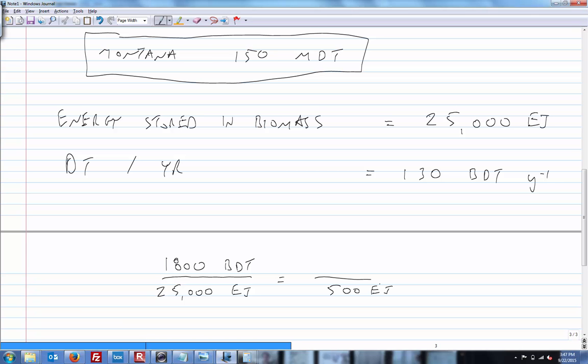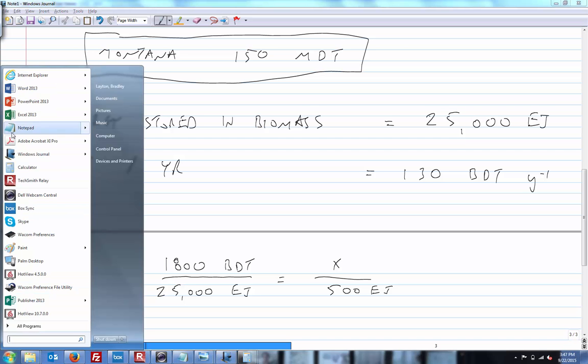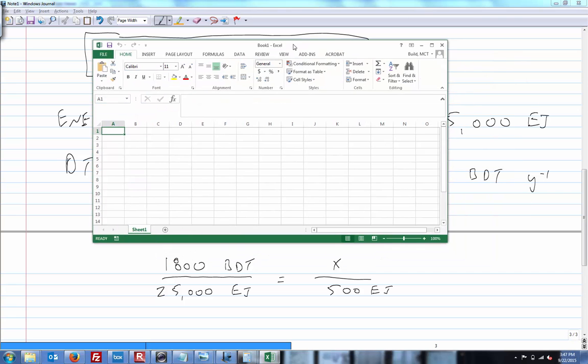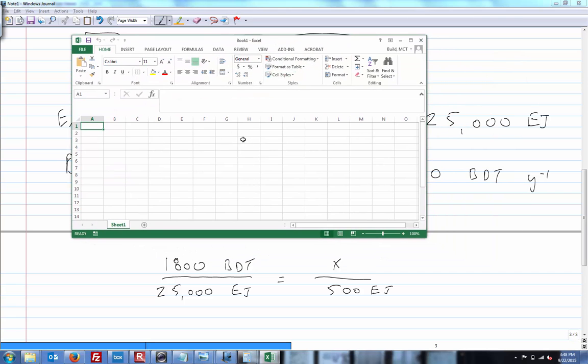This is going to play out when we read that new summary paper that I just found. This should basically tell us the equivalent of how many billion dry tons we use each year, right? If we just do that little one equation, one unknown. So let's do that. I'll pop into Microsoft Excel. So I'll just do it in one fell swoop here.